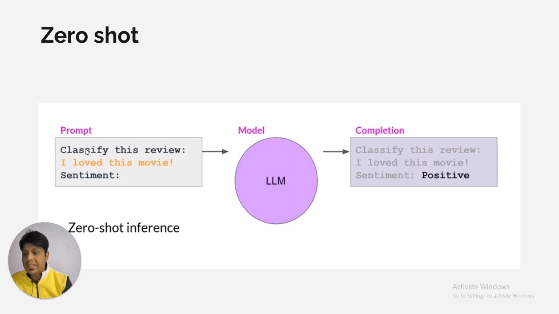For example, if you ask the model to classify this review, and the review is "I loved this movie", and you ask what is the sentiment, the model, based on its knowledge, can classify that the sentiment is positive. This is known as zero shot inference, because you haven't given any example to ChatGPT. It has answered based on its own knowledge.